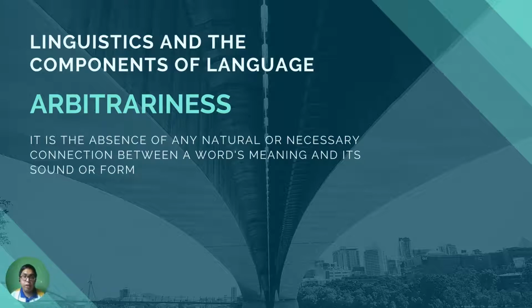In linguistics and the components of language, we can say that arbitrariness, or arbitrary, is a description that shows the absence of any natural or necessary connection between a word's meaning and its sound or form.